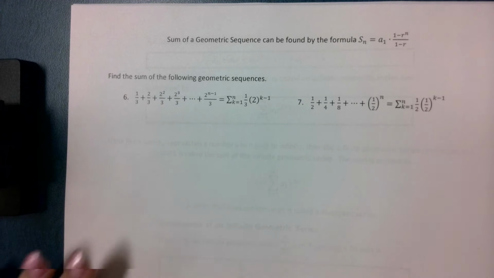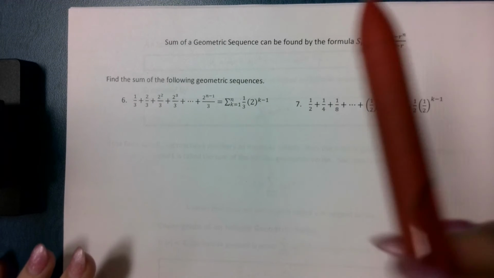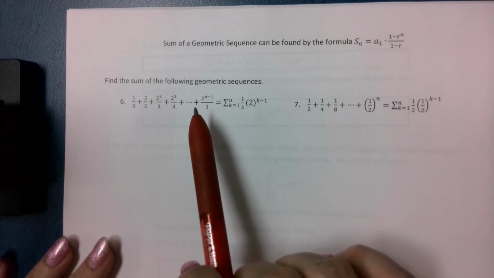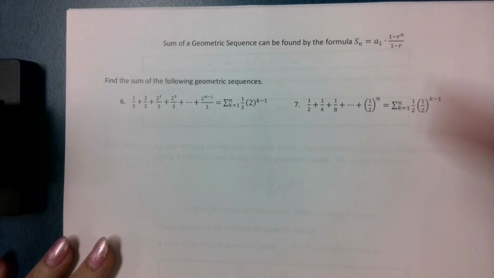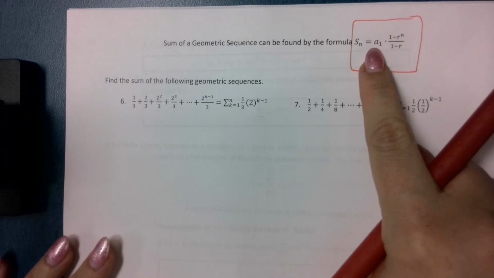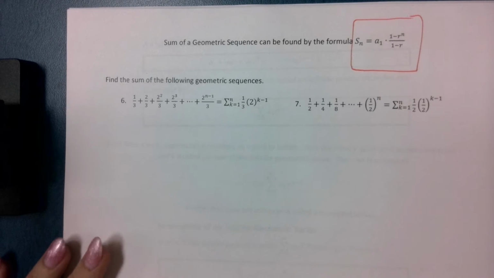Now, we can also find the sum of geometric sequences, right? So we want to be able to find the sum of our geometric sequences. Our sum formula says we take a sub 1 times 1 minus r to the n over 1 minus r.